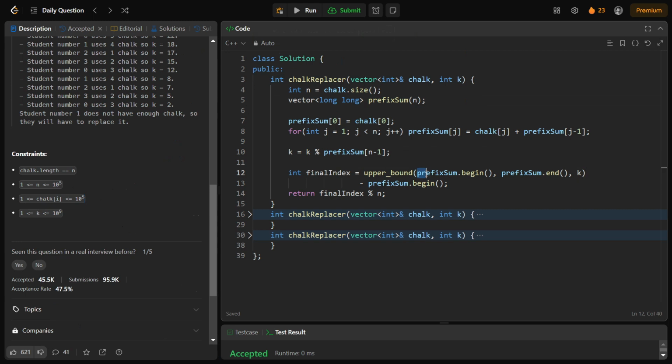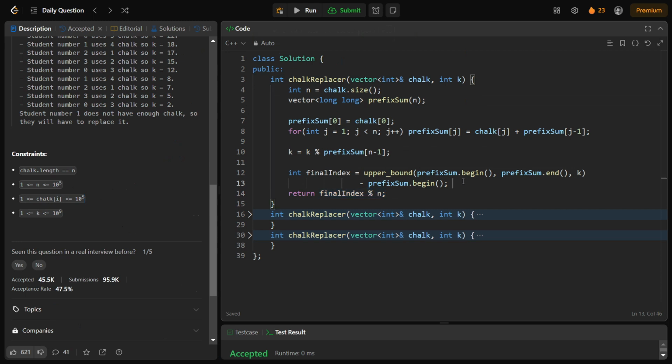Upper bound is, in this prefix sum list, you find the number that is just greater than k, which is not k, right? Basically it would find the student at which he would not be able to process k elements, and in the end you do the modulo operation with the final index and you return that.